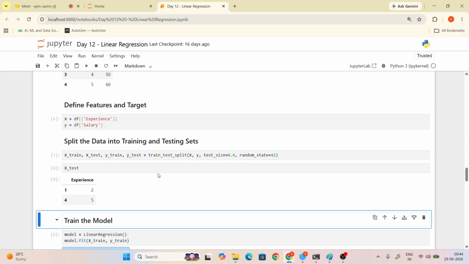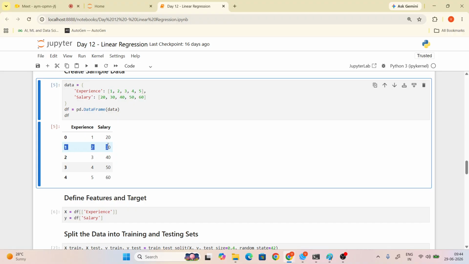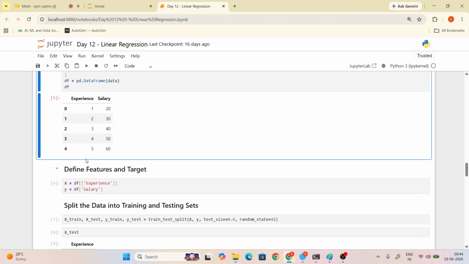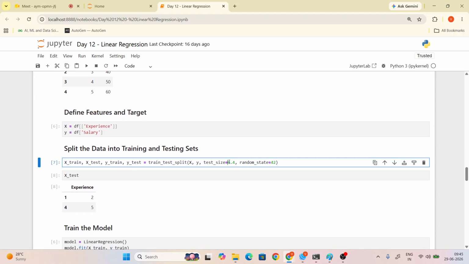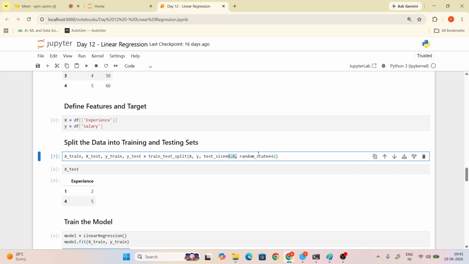When the number becomes 42, it automatically takes the two records. It took this record here, and the other record is the last one. Because our testing size is 40 percent it took two records; if your testing size is 20 percent, it would randomly take only one record. So based on the random state, if the count is 42, it is picked for testing.